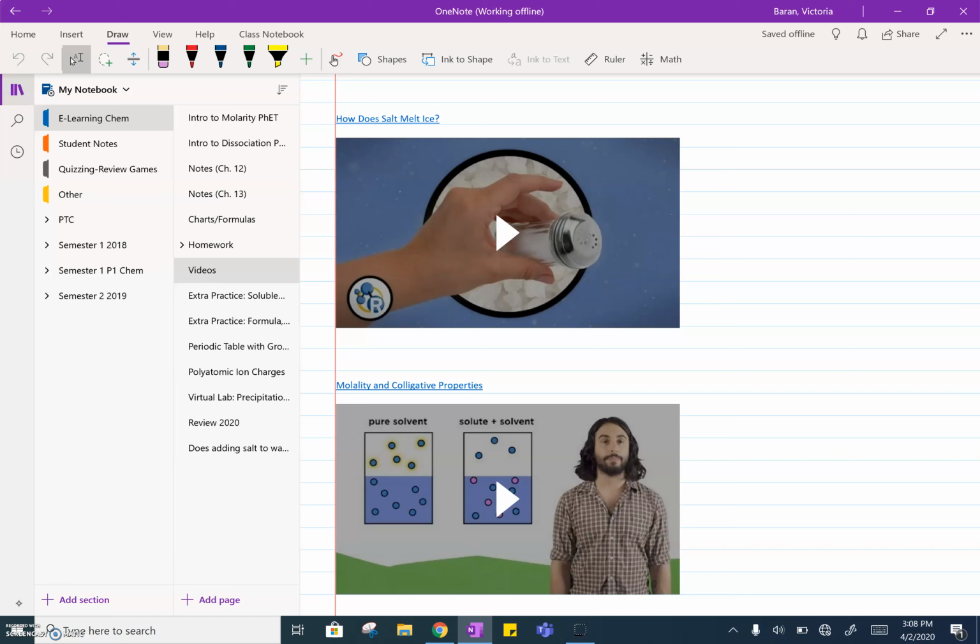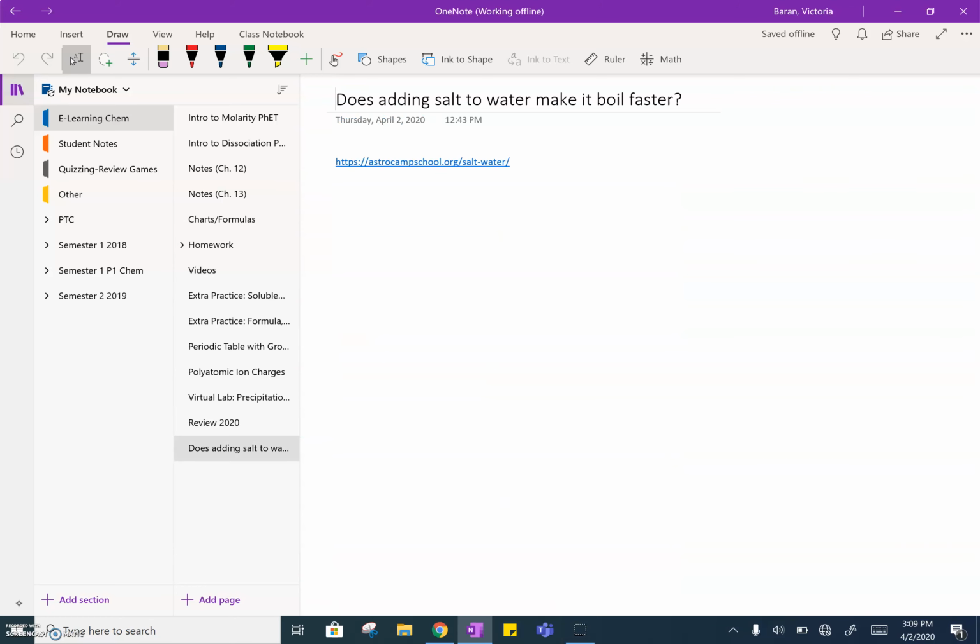Now, some of you also might be wondering, why do we add salt to water when we are making something like pasta? A lot of people might think, this is kind of an old wives' tale, that if you add salt to water, it will make the water boil faster, which is not necessarily true. But if you're interested in learning more about that, I do have a website.